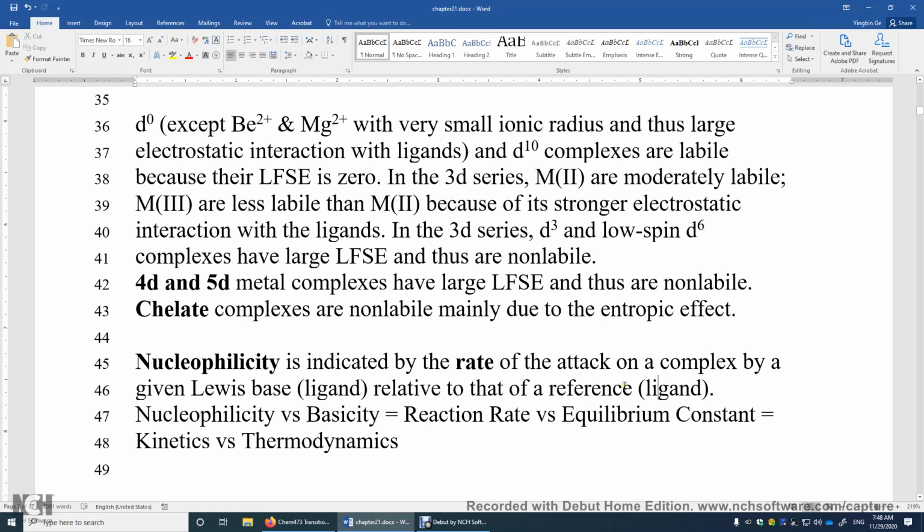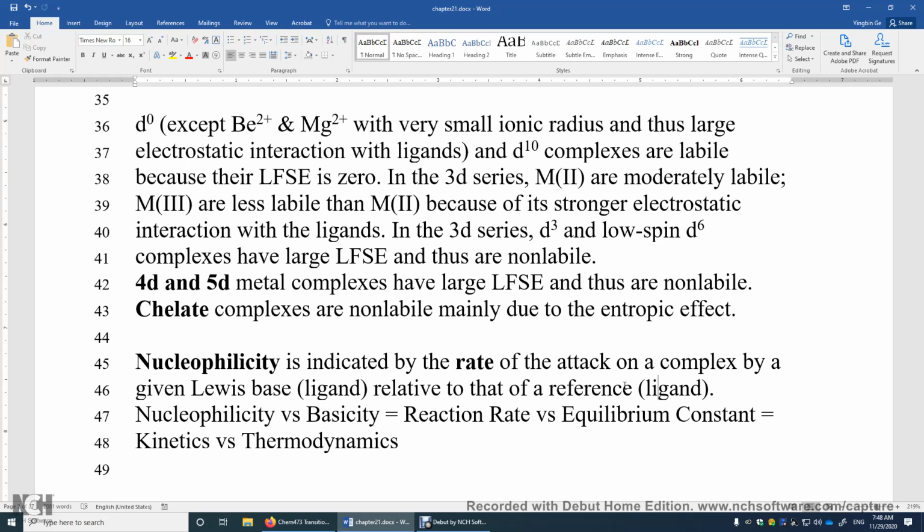All right. Again, if you have a hexa aqua transition metal complex, we can use an ammonia molecule to replace one of the aqua ligands. We can use a water molecule to replace one of the aqua ligands. And then we can use, for example, 1,2-diaminoethane to replace 2 aqua ligands. We can use EDTA to replace all 6 aqua ligands.